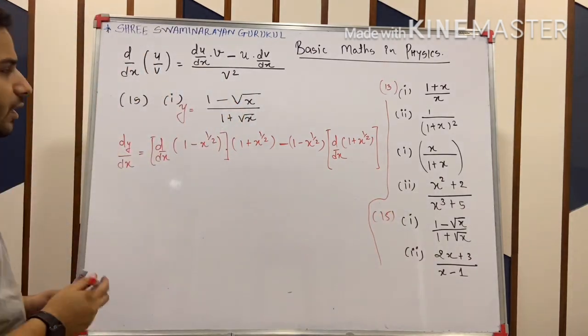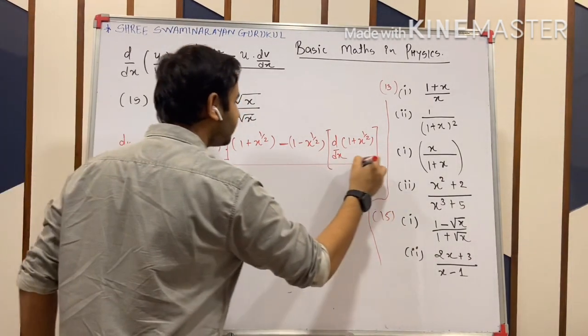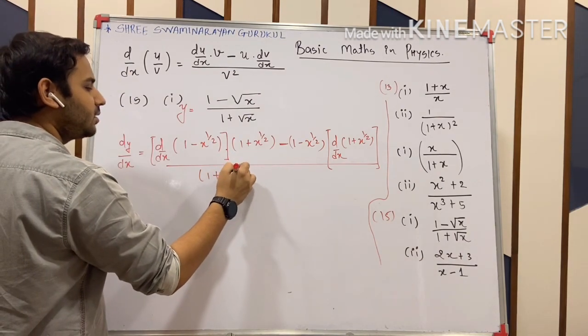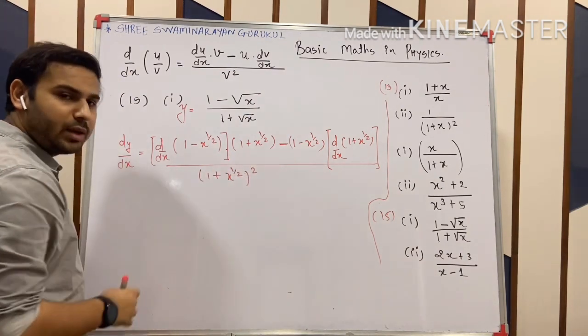Okay, fine. Whole upon (1 plus x raised to 1 by 2) whole square.